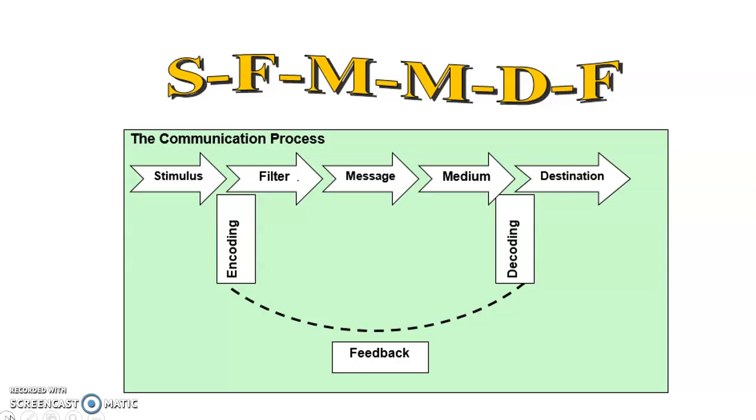Okay, and the receiver will decode it also based on their cultural background, their age, all the things that we discussed before. But now what is built into this model, and which makes it easier to understand, or probably a better form of a communication model, is the feedback loop.